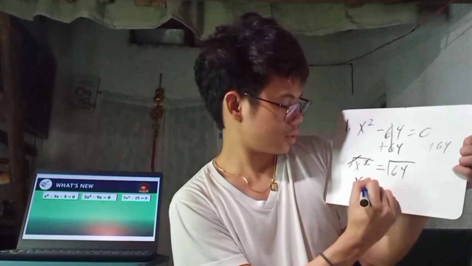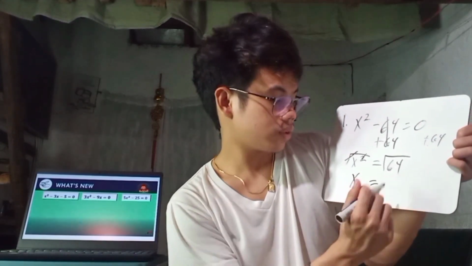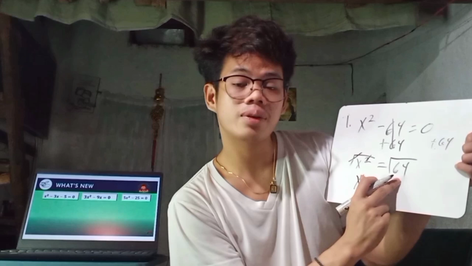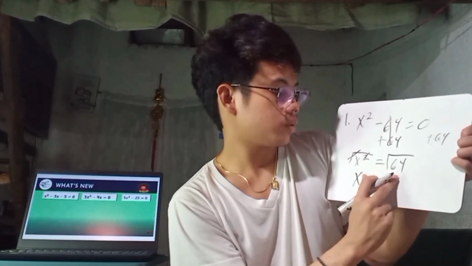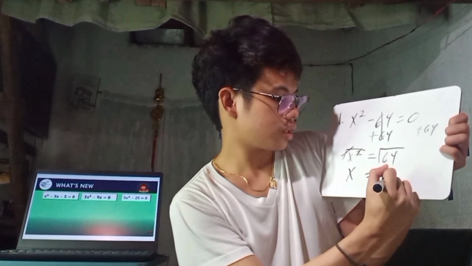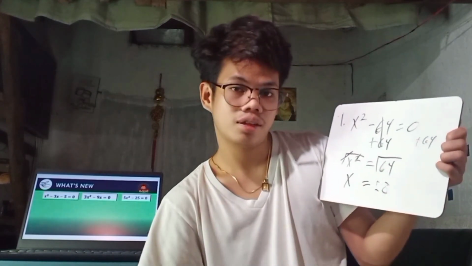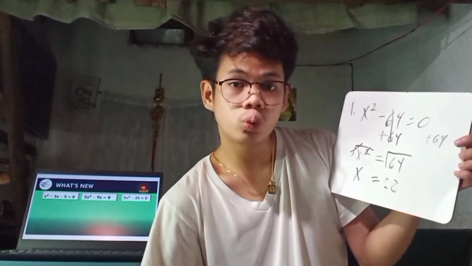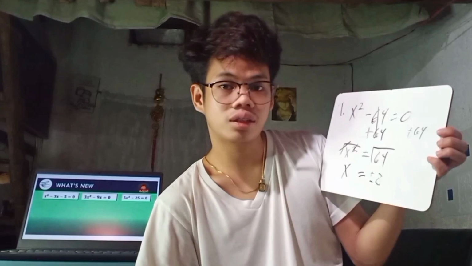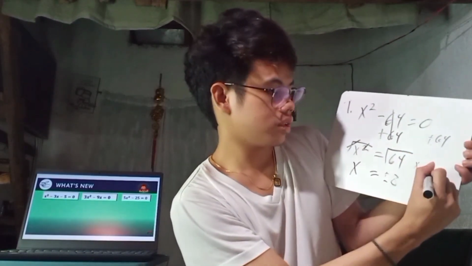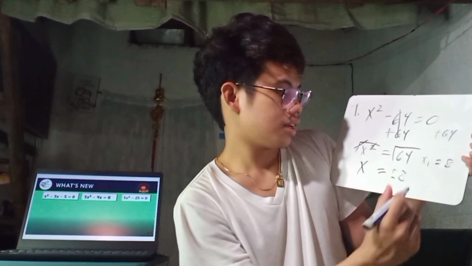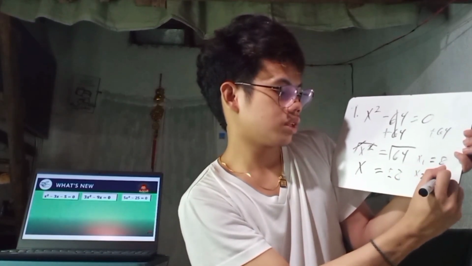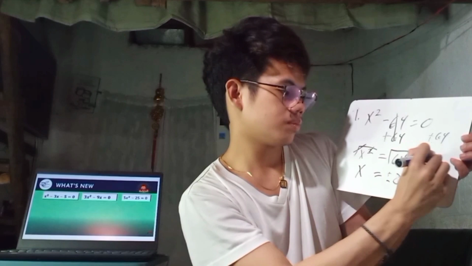Matitira na lang dyan is x is equal to the square root of 64, since this is a perfect square, it will become positive and negative 8. So, we will have two roots. That will be x sub 1 is equal to 8 and x sub 2 is equal to negative 8. So that's it.